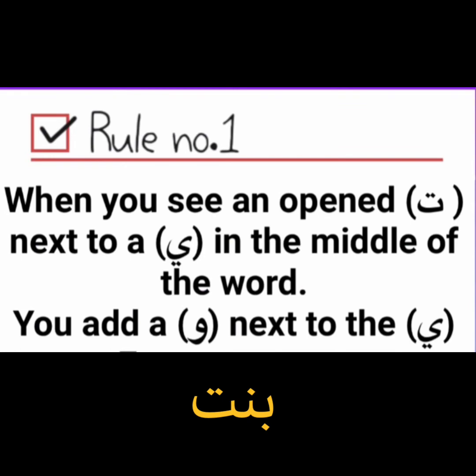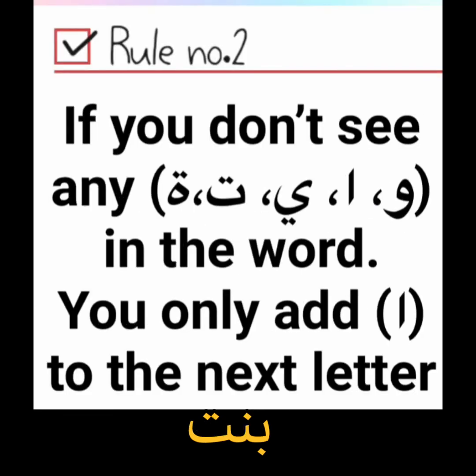Now, how do we say the word girl in Arabic? بنت. So how do we make it from bint to girls? Let's solve this together. When you see an open ta, yes, next to a ya, no, it's next to a nun, not a ya. So let's go to rule number 2 then. Rule number 2.